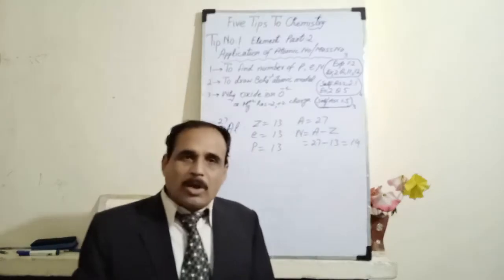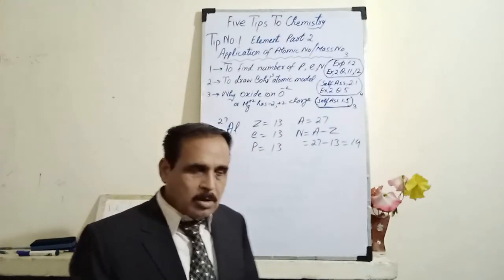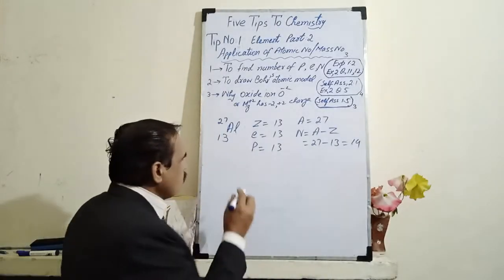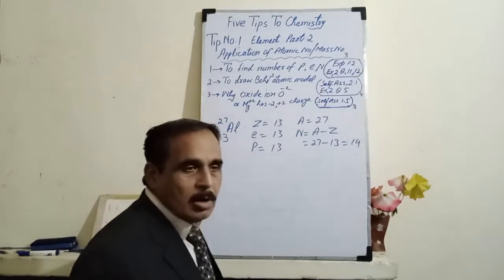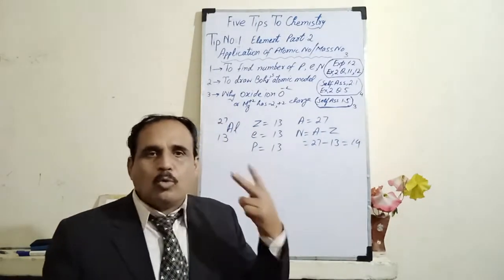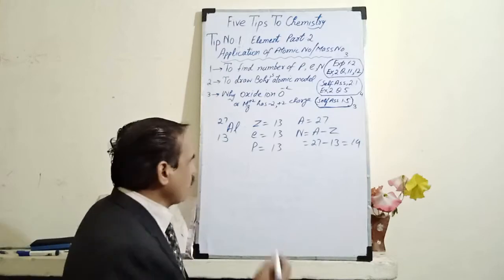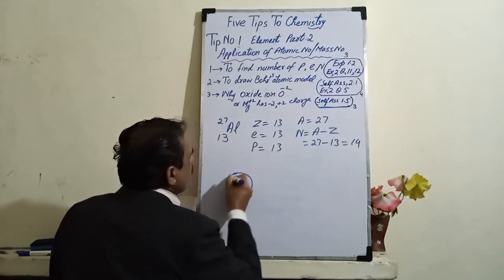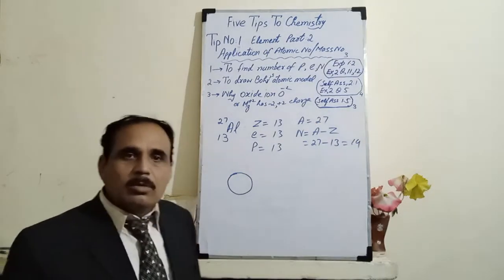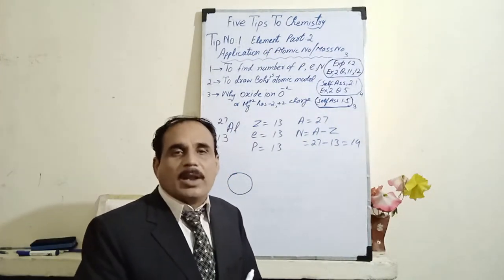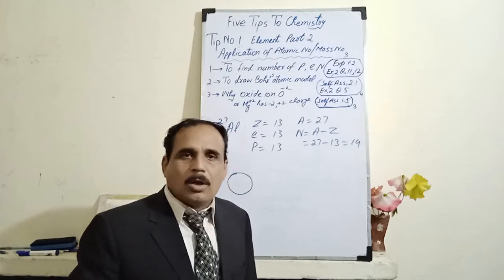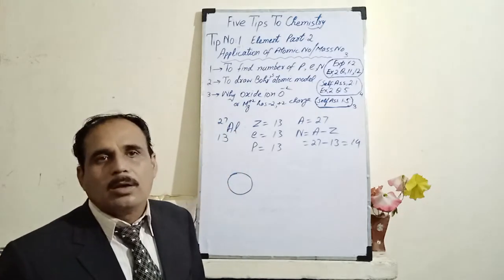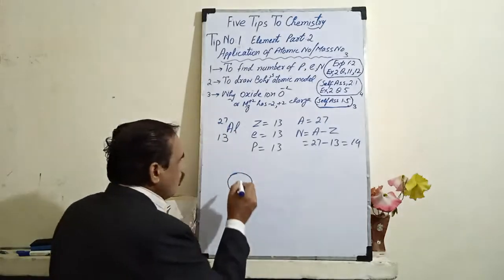Now you can draw both atomic model. You know, in both atomic model, there are 2 parts of an atom. The first one is nucleus. As you know, in the nucleus of an atom, there are protons and neutrons.